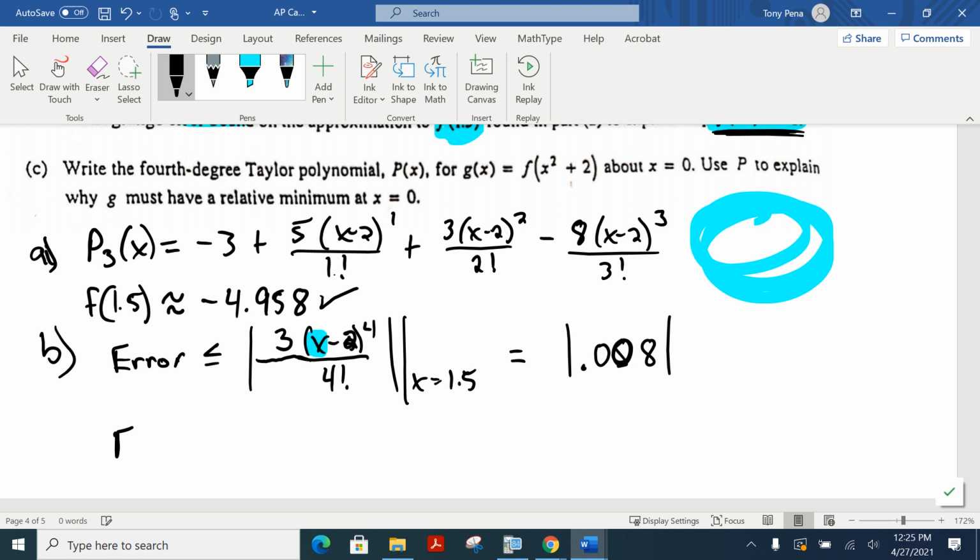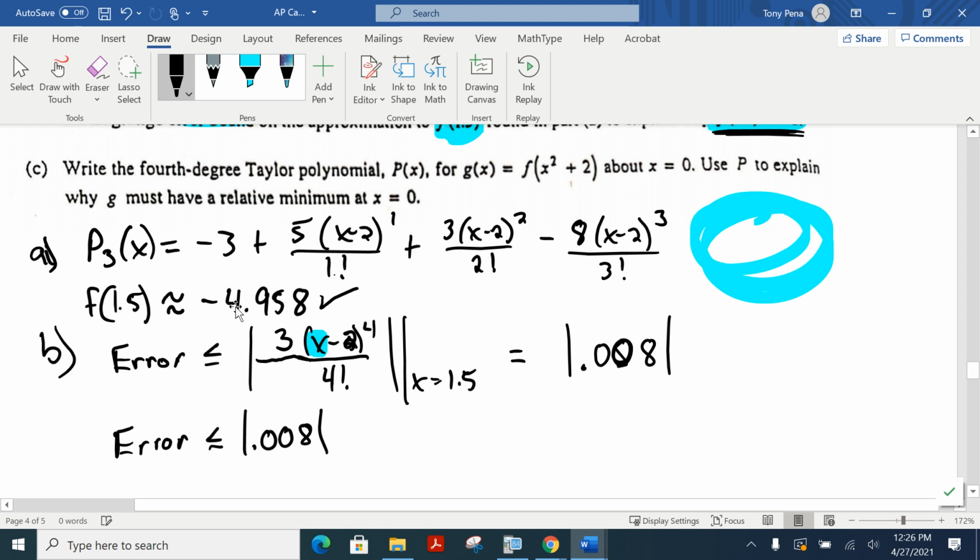So our error has to be less than or equal to the absolute value of 0.008. Now, we still have a little work to do, but if nothing else, that would have accumulated some points for you. If you understand it's an error question, that it's the first unused term, we could set that up. We would hopefully all be able to get to this.